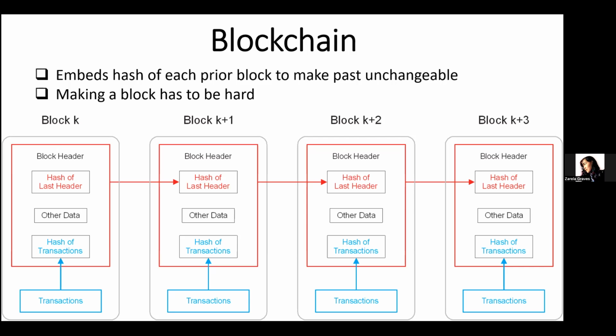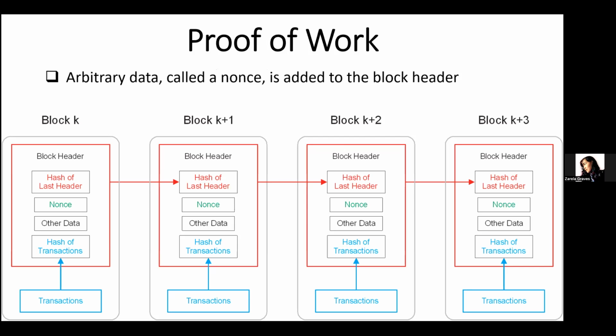Okay, so the piece that we need to explore here, because we talked about it, is that it needs cryptographic hashing and the blocks need to be hard to generate. So the question is, how do we make them hard to generate? One way, and it ties back to your question about what is in other data, is something called a nonce.